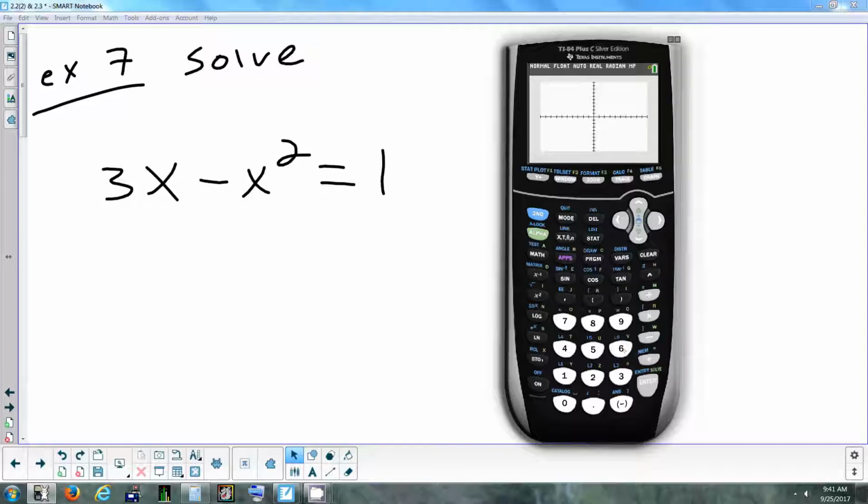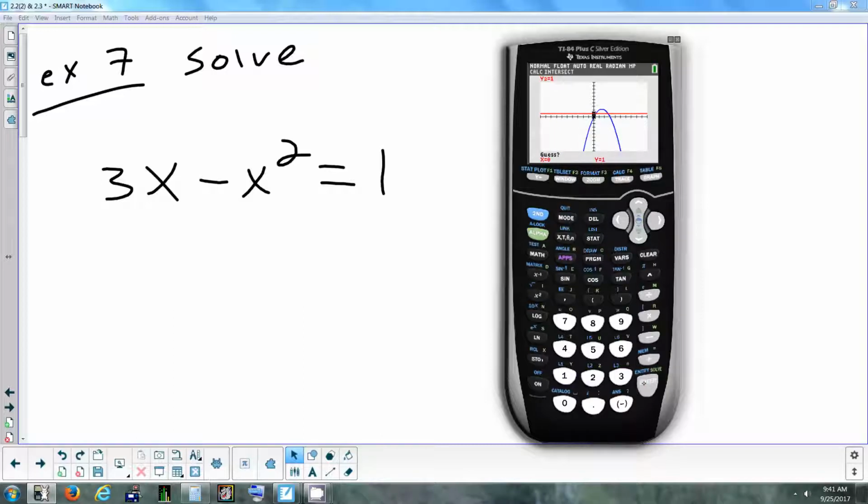So I'm going to start with zoom 6. There's my parabola. There's my line at y equals 1. And how do I figure out where they cross? Somebody remind me of what I pressed to do that? Second calc, intersect. Okay, I'm not going to do both.